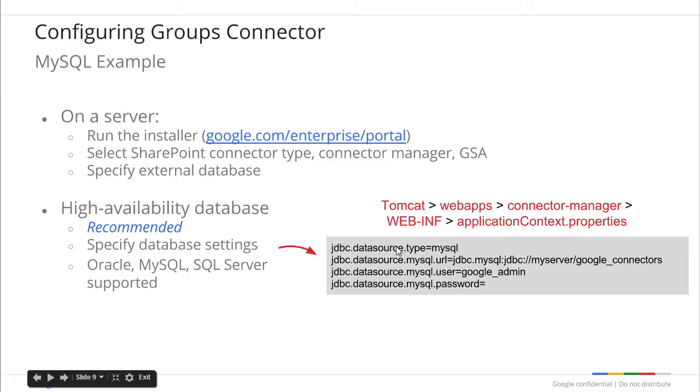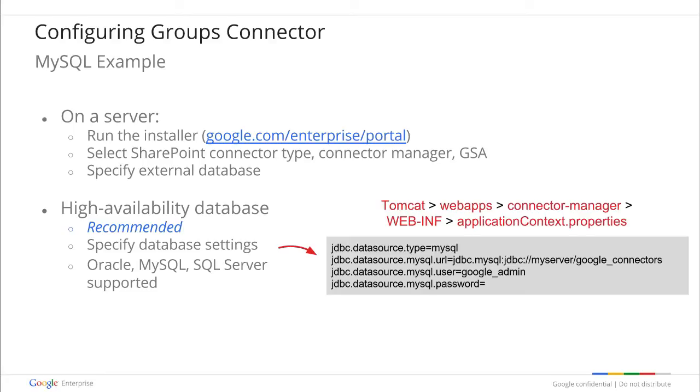Inside it, you'll find entries that look like this. These will allow you to specify a JDBC connection string and a set of credentials. The connector supports Oracle, MySQL, and Microsoft SQL Server. So enter the database type, host, and GSA admin username and encrypted password in the appropriate place in the file.